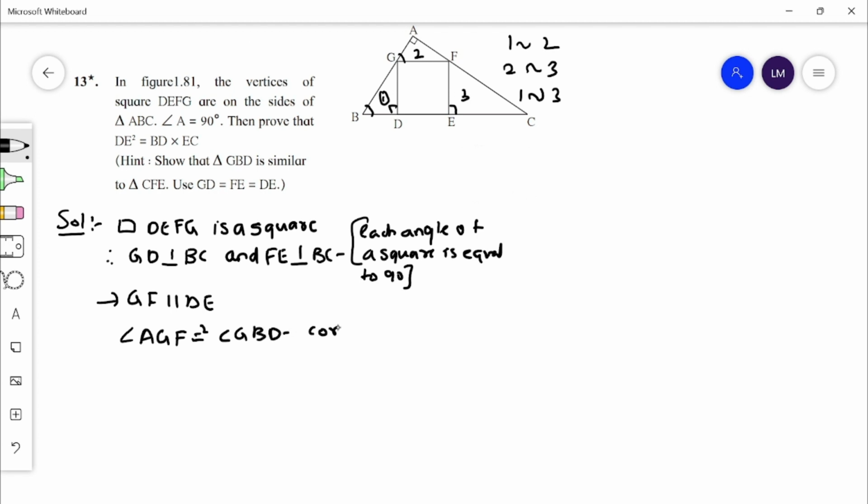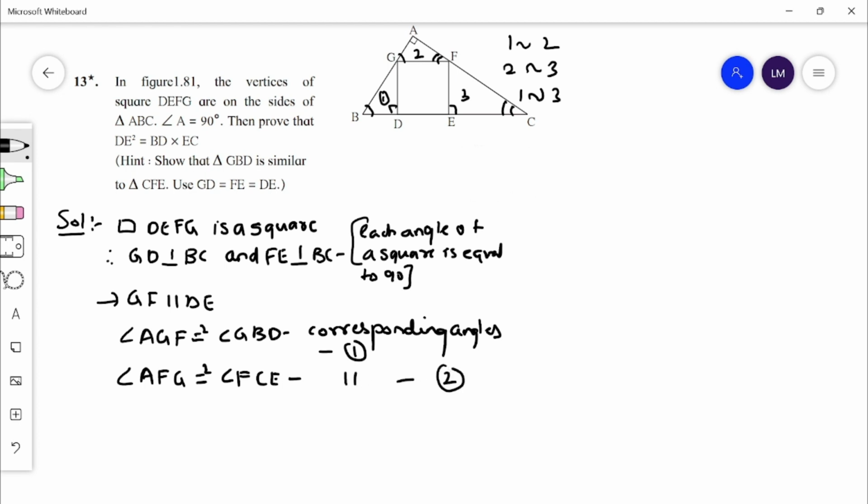Reason: corresponding angles. We will give this as equation number 1. Also here from the right hand side, these two angles are also equal. Therefore we can write angle AFG is congruent to angle FCE. Same reason, and we will give it as equation number 2, right?